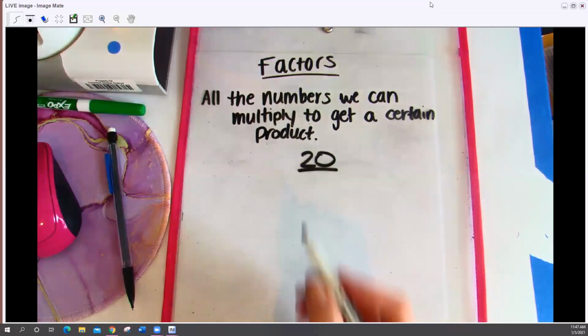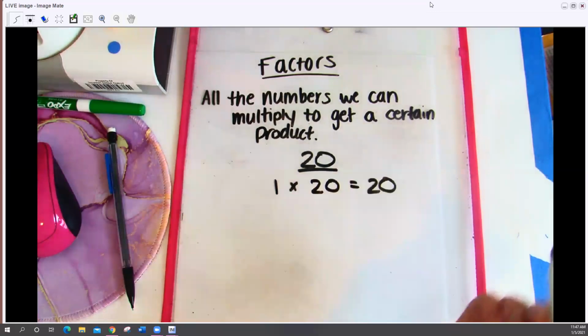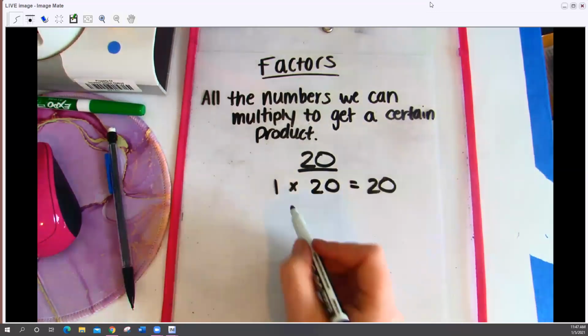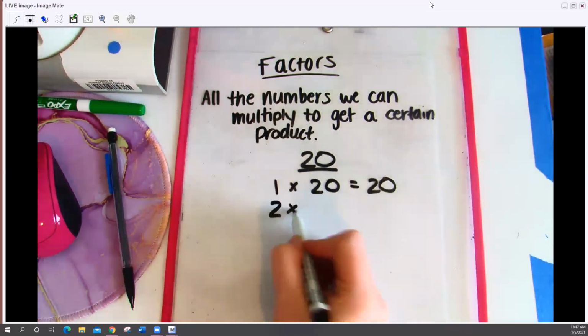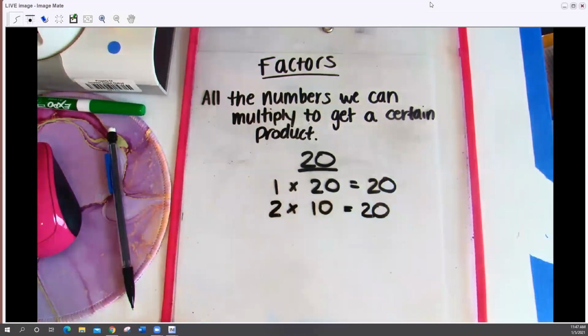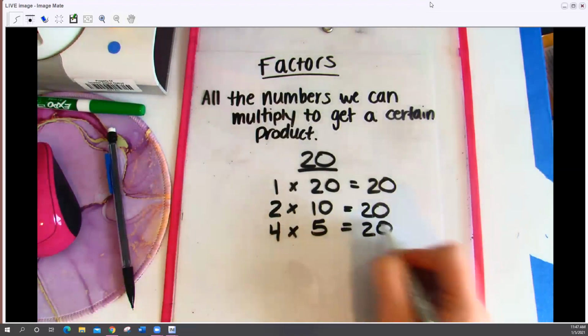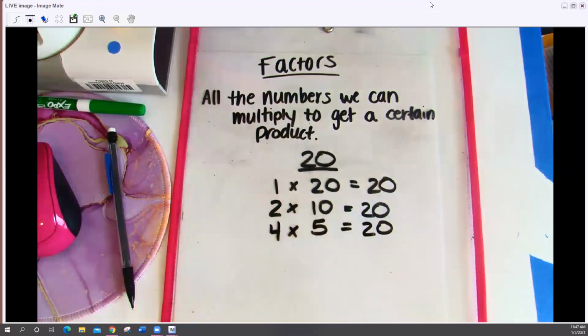I can do 1 times 20, and that would give me 20. I can do 2 times 10. I don't think I can do 3 times anything, but I can do 4 times 5 and get 20. Those are the only equations that I can write that would give me a product of 20.